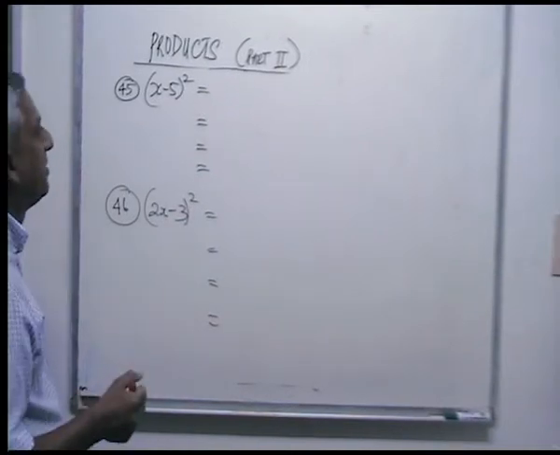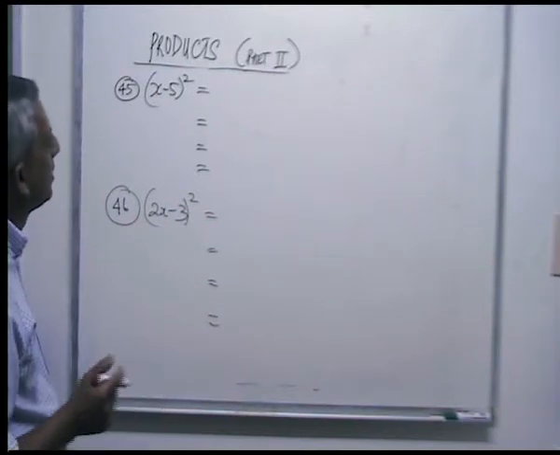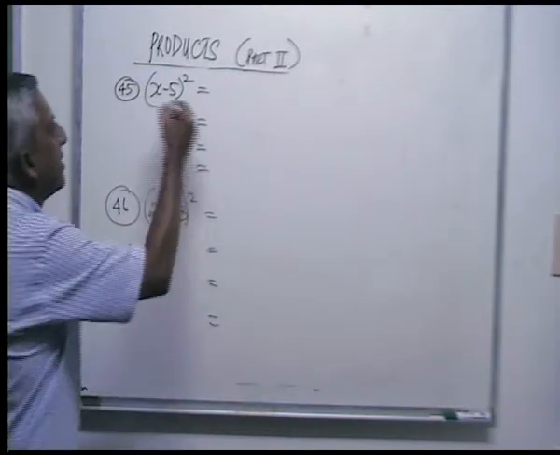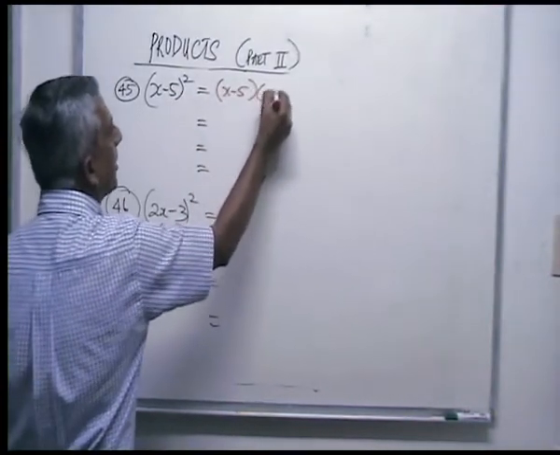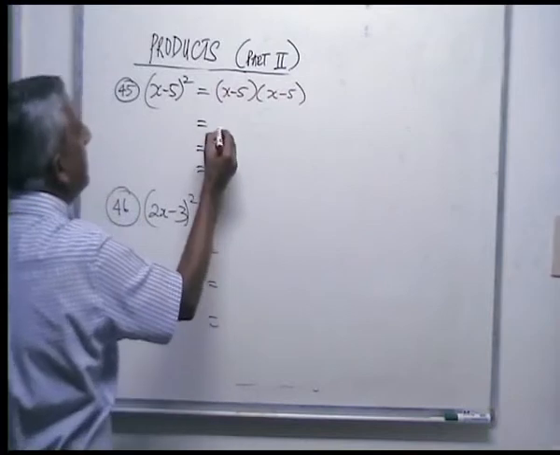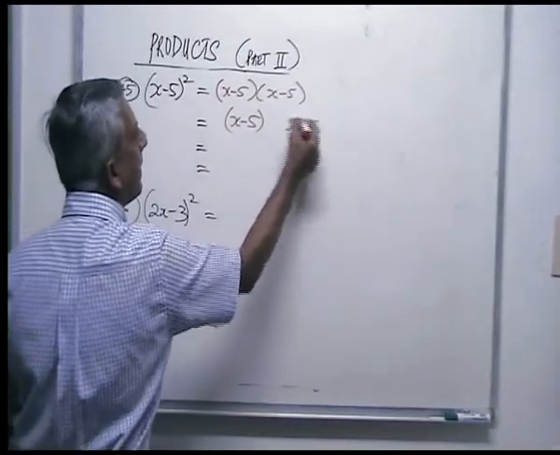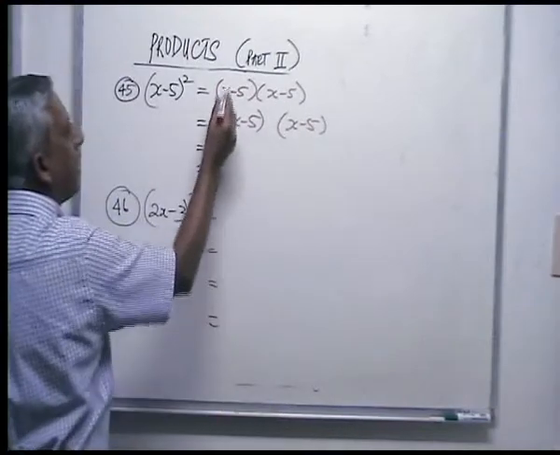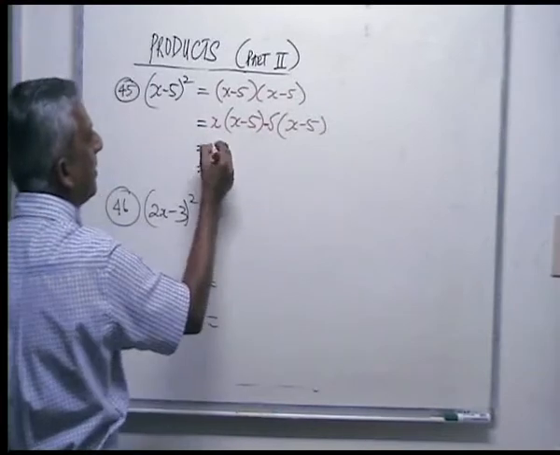Alright, so I didn't tell you to stop the DVD. I hope by now you know that you have to stop the DVD and then do the exercise. Alright, so like a good boy or a good girl, you write the bracket down 2 times. Then you just follow the steps. Write the second bracket 2 times. In the front x, in the middle minus 5.